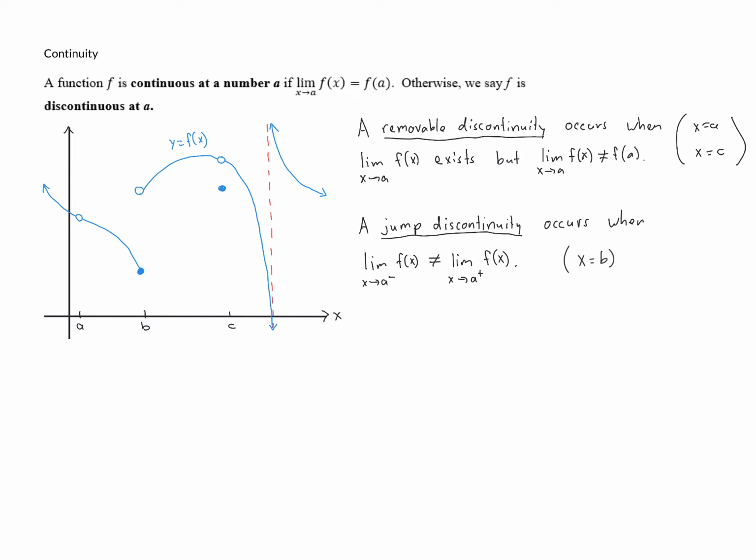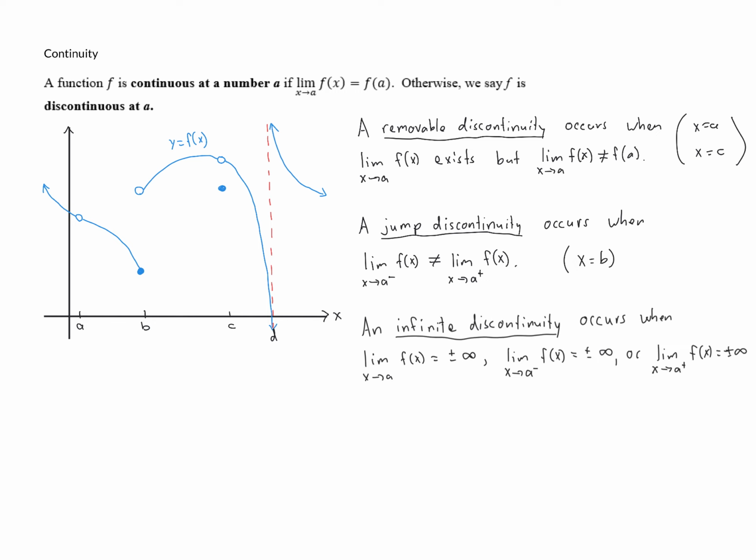All right. There is one more type of discontinuity, and we can actually see it happening right here with this vertical asymptote. That is going to be d. We're going to call that d. And this is called an infinite discontinuity.